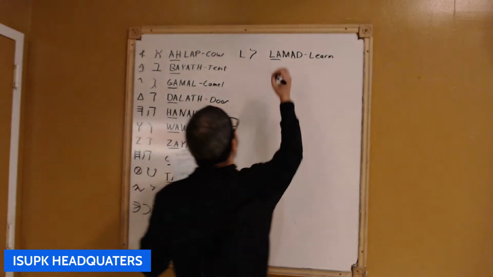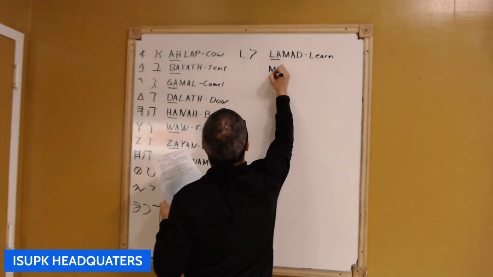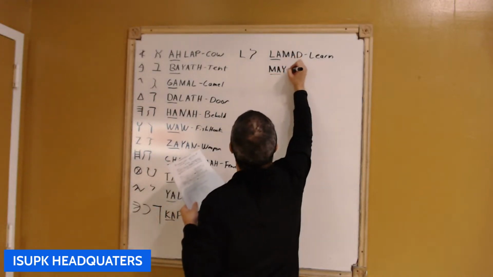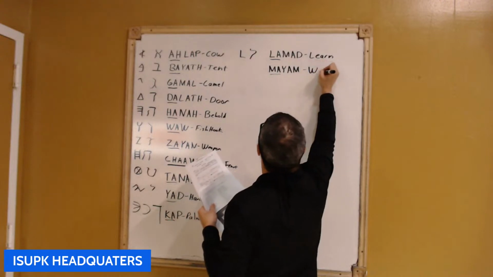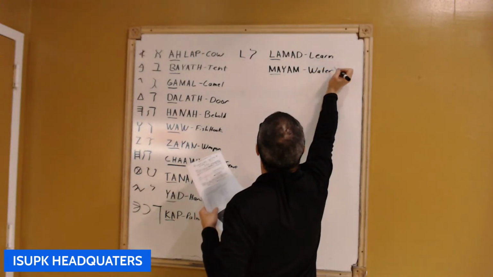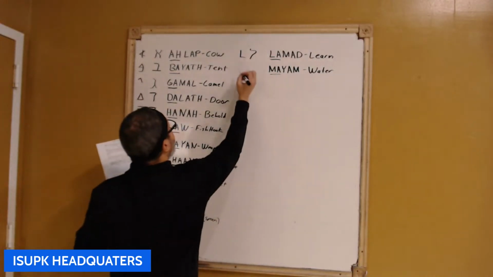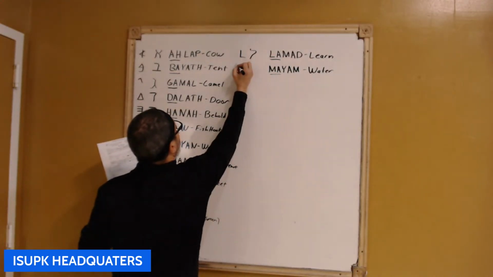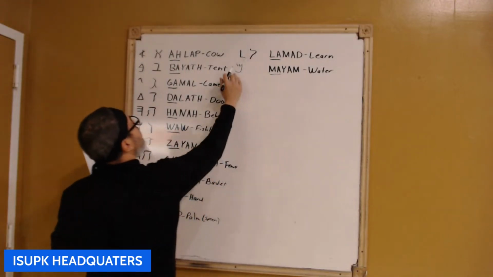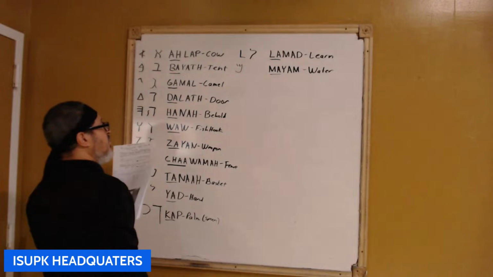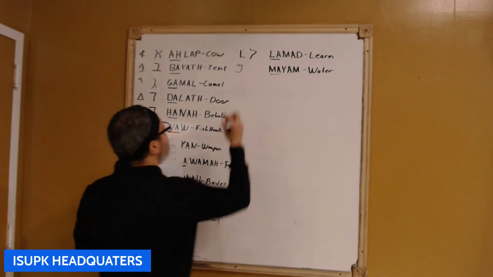Then you have the Ma, which is Mayam, which is water. And the Ma in the ancient, it's almost like a little W, and then like a J. That's what that symbol stands for. And then in the modern, there's two versions.